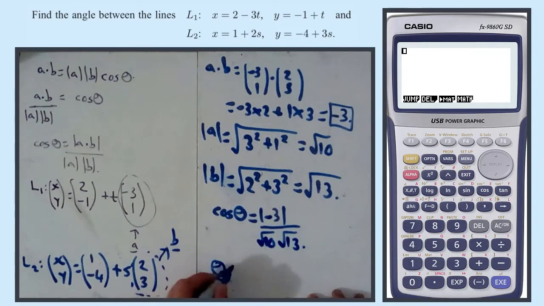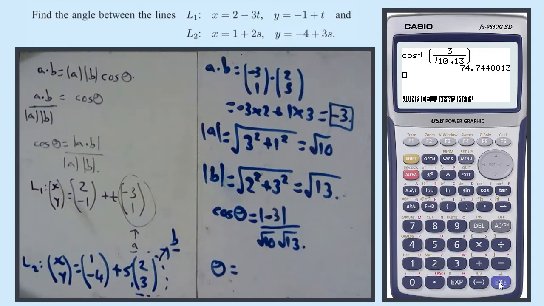So now theta equals, I'm going to go straight for theta, inverse cos of 3 over root 10 root 13. We could just write root 130, but I'll do it properly.